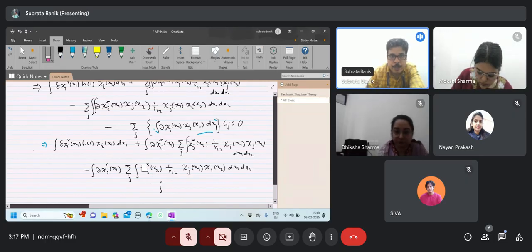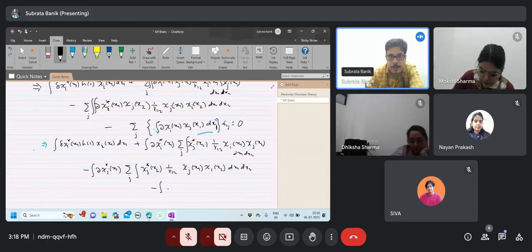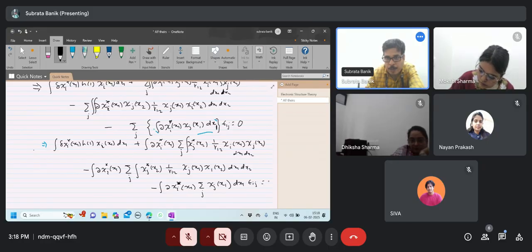I'll write the same way with a minus. I write delta chi i, this will be star. Right? Please, you don't make a mistake, right? I have sum over j chi j of x1 dx1 epsilon ij equal to 0.